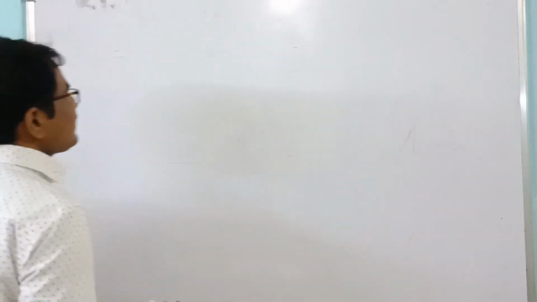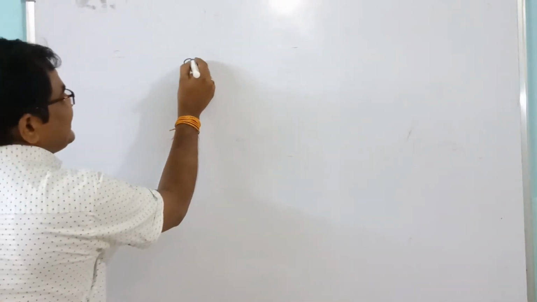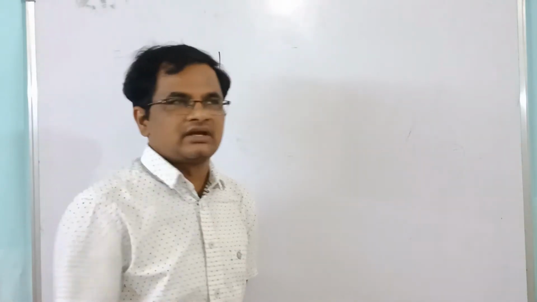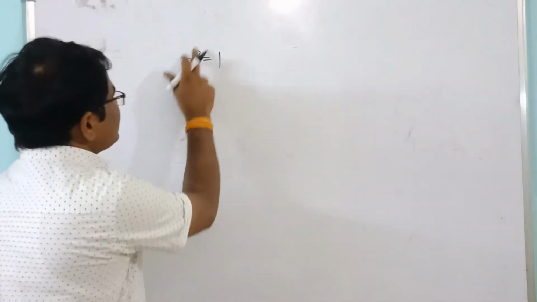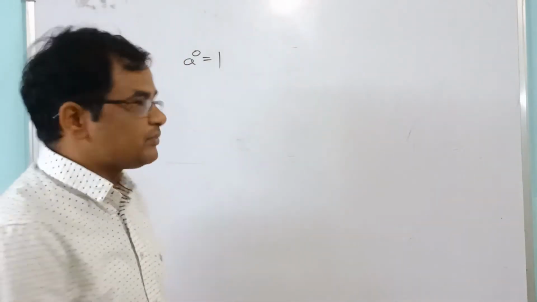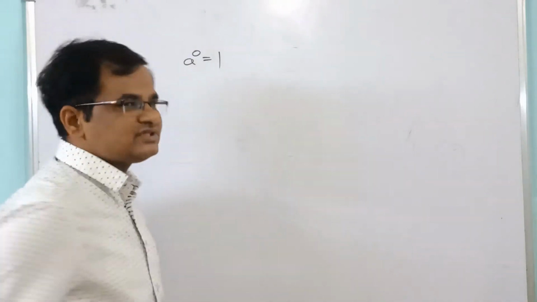Now we know that a power 0 equal to 1. This is an important condition, listen carefully. a power 0 equal to 1. Here a is greater than 0. Suppose if you take a equal to 0, 0 power 0 is an indeterminate form.